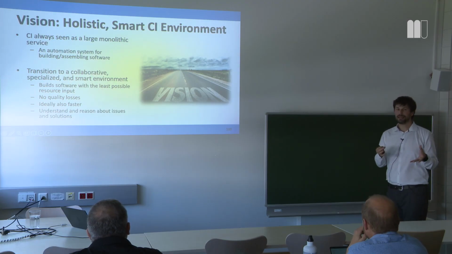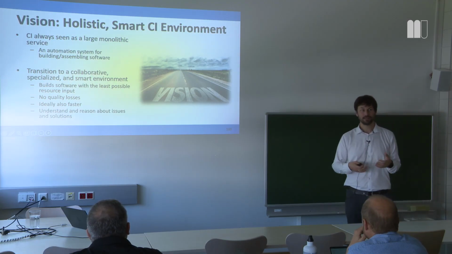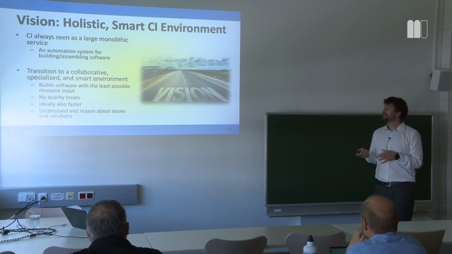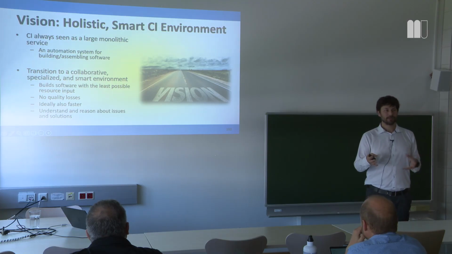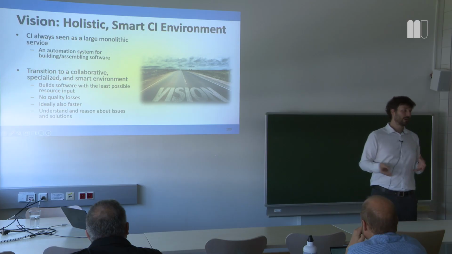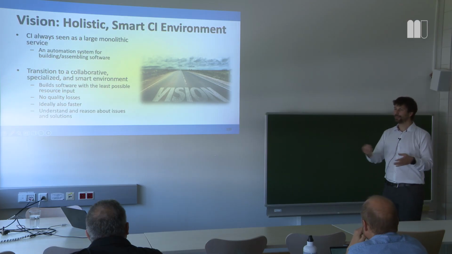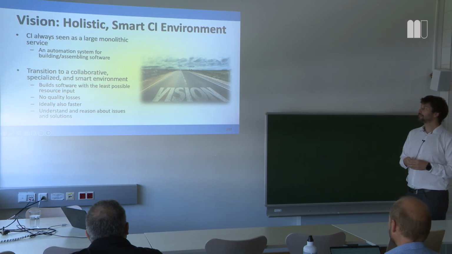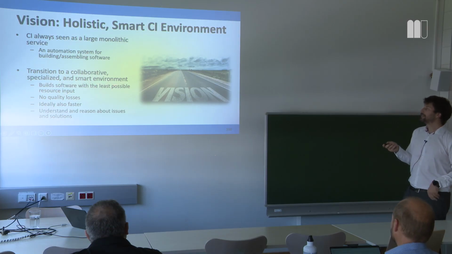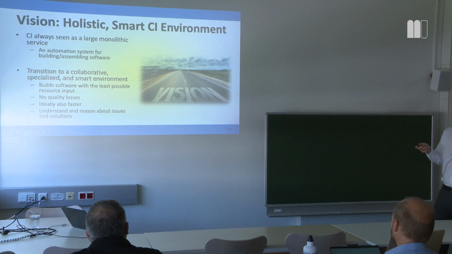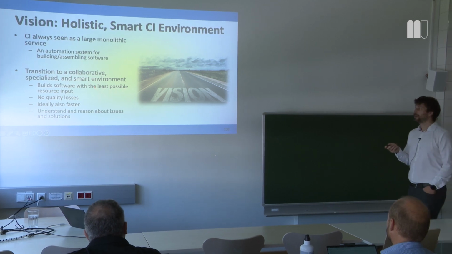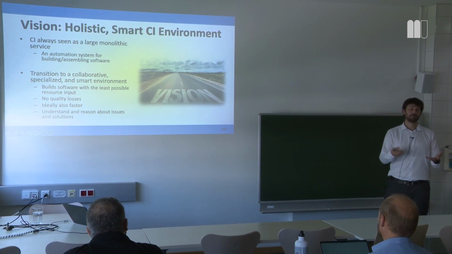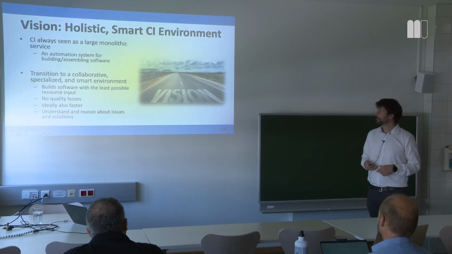or we should not see the CI as a monolithic thing that is telling you something after you did something, but more as an automated system that helps you to build better software. This is the trend everywhere: bots that help you, automated things that help you with tasks, so that you don't have to do so many things. So I want to transition to a collaborative, very specialized, of course, and smart environment that helps you build the software without losing quality, but maybe even doing that faster.